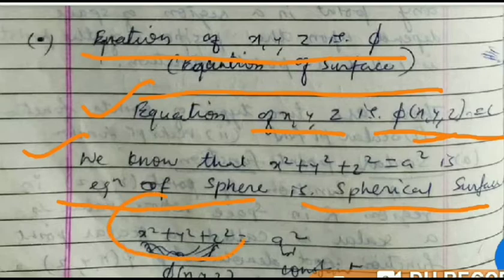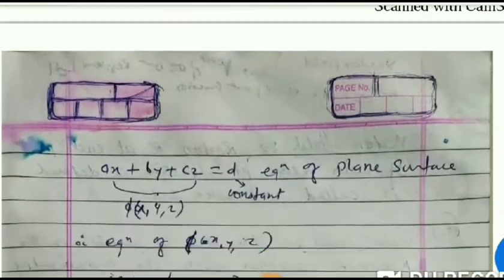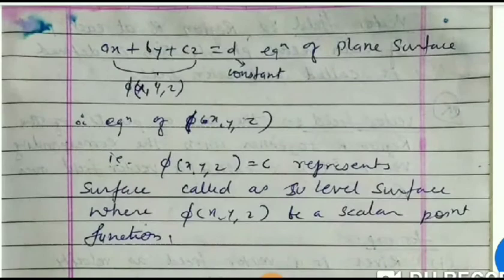So here x square plus y square plus z square is phi of xyz and a square is a constant. Next, second example: ax plus by plus cz equals d. Here ax plus by plus cz is phi of xyz and d is a constant.